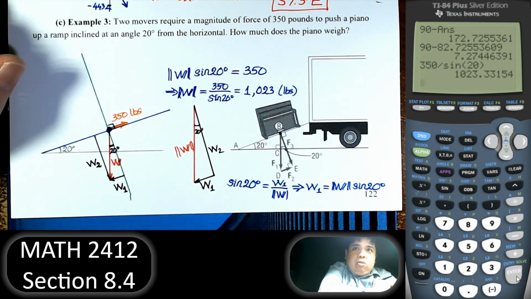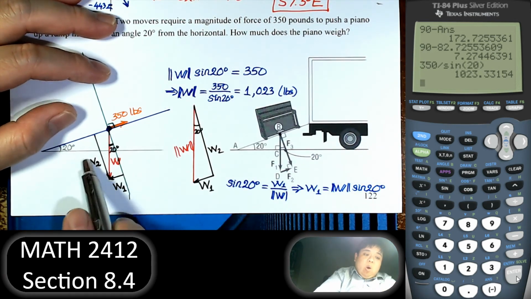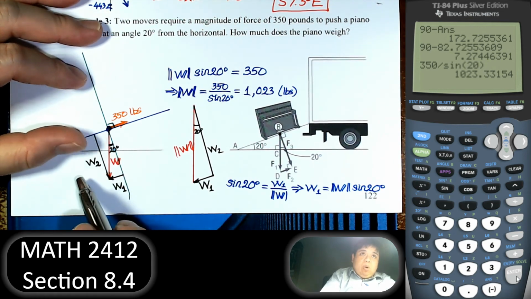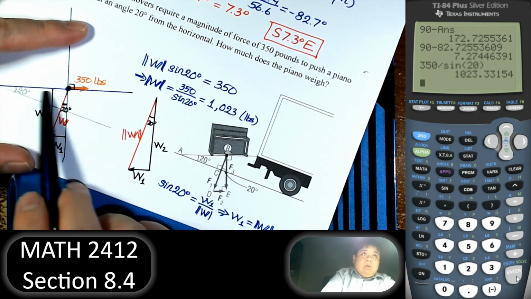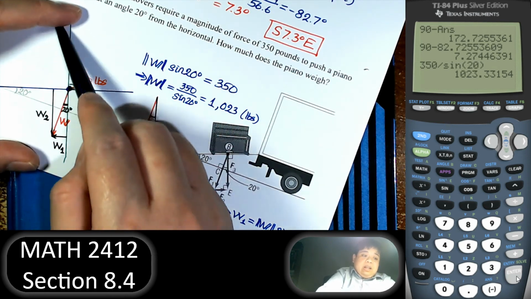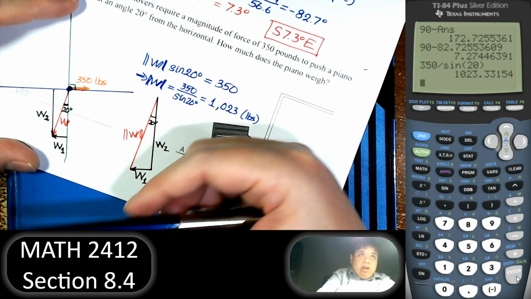So like I said, on this one, usually in physics, my advice is do not decompose into horizontal and vertical components. Just decompose into two components, one of which is parallel to the ramp, and one of which is perpendicular to the ramp.